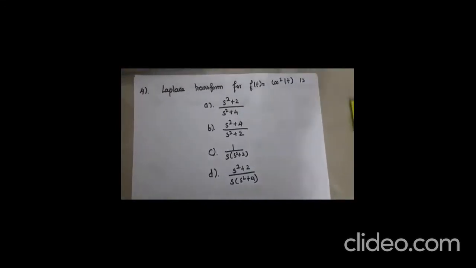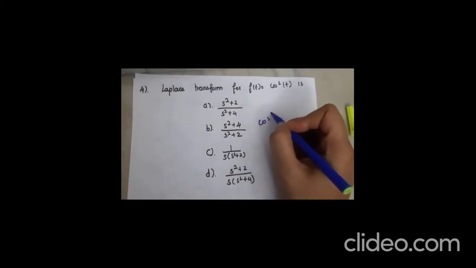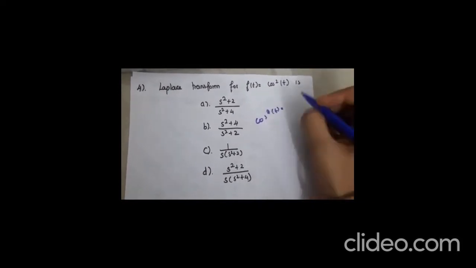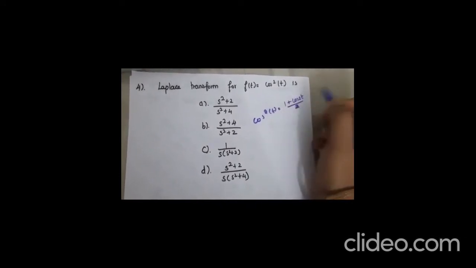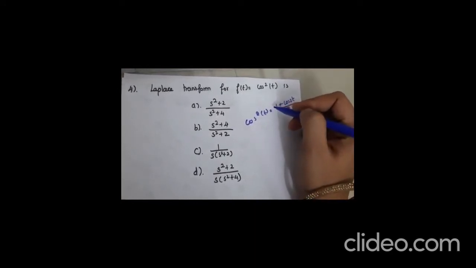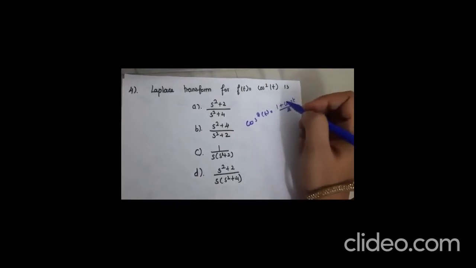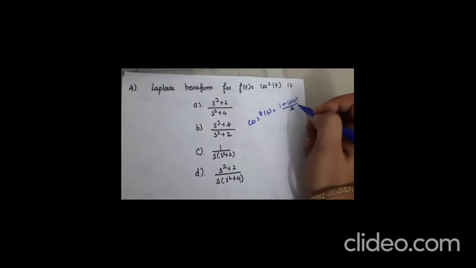Next question, Laplace transform for f of t equal to cos square of t. We can write this cos square of t as 1 plus cos 2t divided by 2. So we can't find the direct Laplace transform of this cos square of t, so we just find the equivalent of this cos square of t, that is equal to 1 plus cos 2t divided by 2.